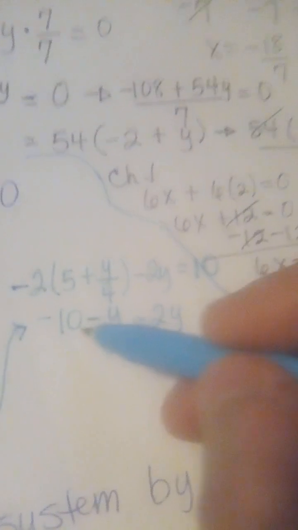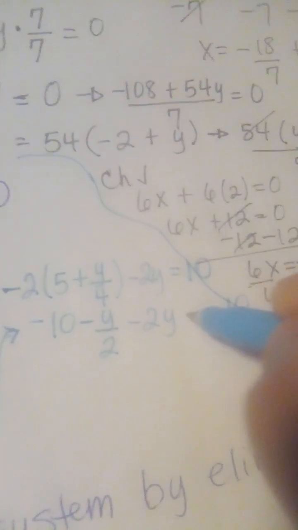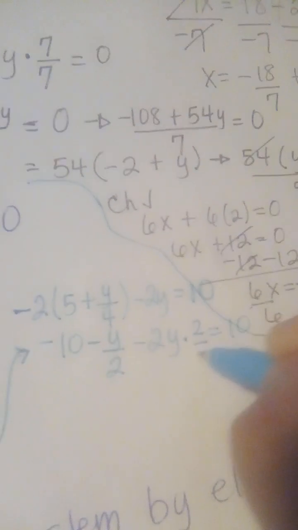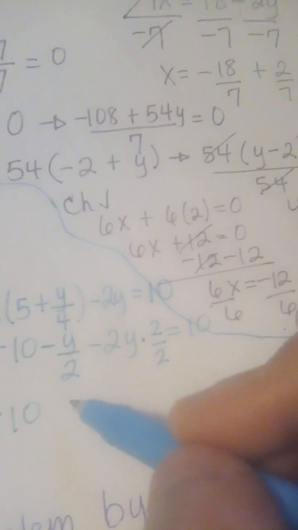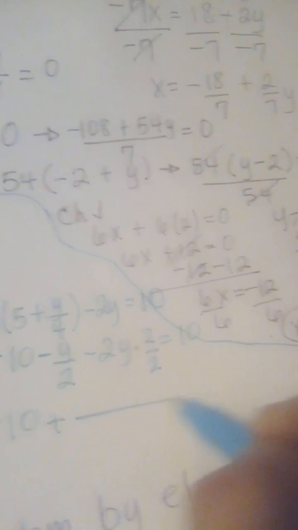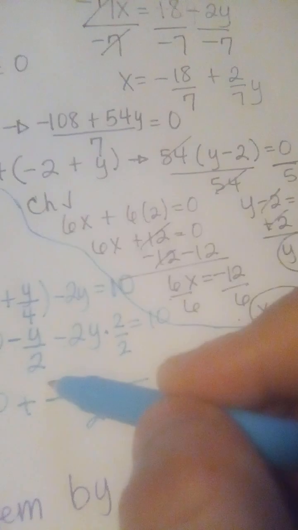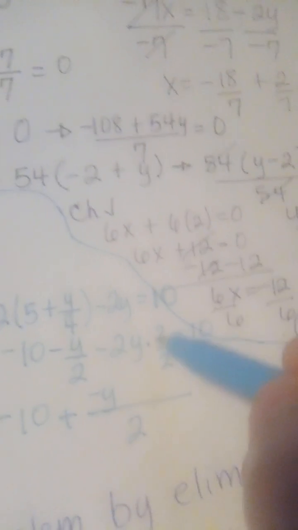In order to get this out of the way over y, we have to multiply by 2 over 2. So our new one will be negative 10 plus this over 2. We have negative y. Then what is negative 2 plus negative 2 times 2?